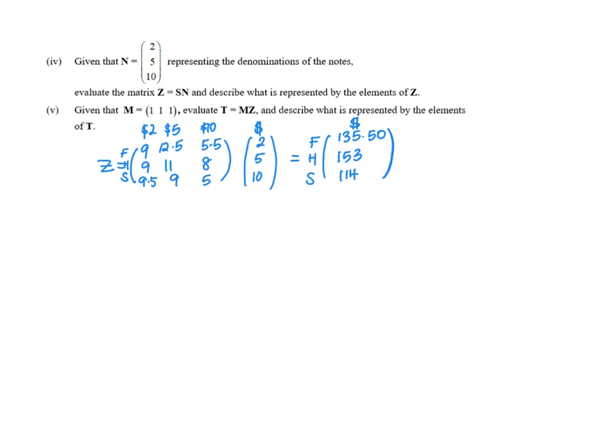So in this case, we have Sn, which is the matrix Z. Describe what is represented by the elements of Z. It represents the average, because S was originally average, cash value, because now I've multiplied them to $2, $5, and $10, right? The actual cash value collected by the cashiers. The three cashiers, who are they?